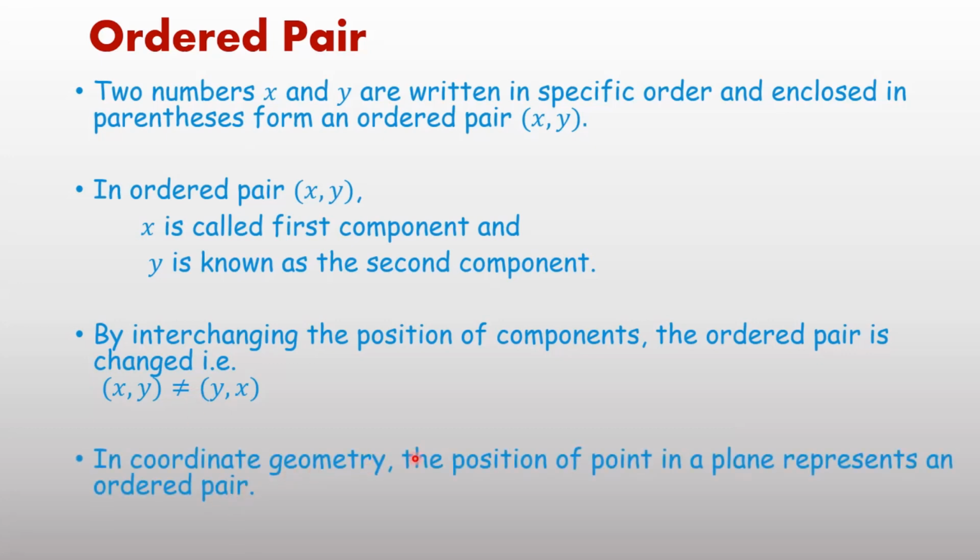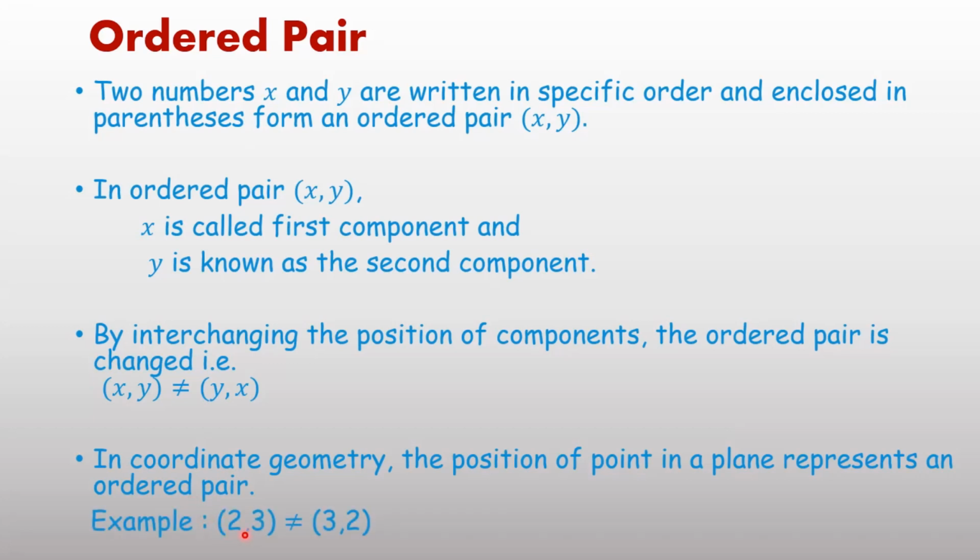In coordinate geometry, the position of a point in a plane represents an ordered pair. For example, if the coordinate of a point is (3, 4), it represents a point. But if we interchange the position, (4, 3) represents a different point.